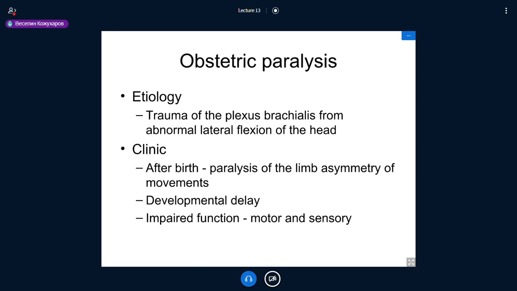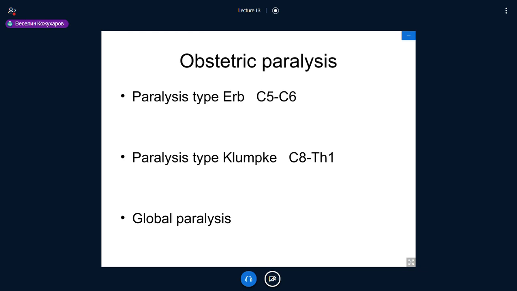This is motor function and sensory function together, because the trauma is actually a disturbance of the nerve roots of the brachial plexus. Both motor and sensory involvement will be present in those cases.